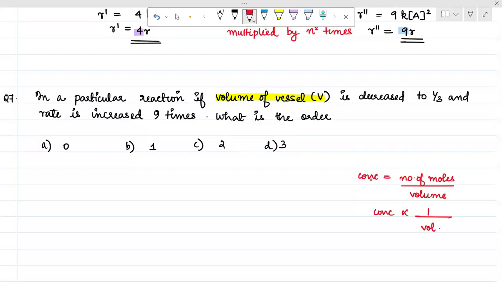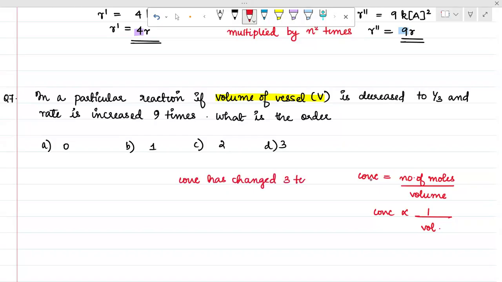So if they say that your volume has changed 1 by 3 times, it means just the opposite, the reciprocal. So volume has changed 1 by 3 means your concentration has changed 3 times.